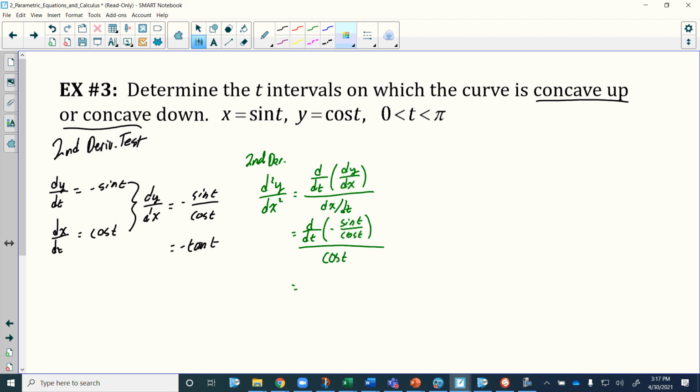So inside of the parentheses, for negative sine of t over cosine of t, I'm going to do the quotient rule again. Low d high minus high d low over low low.